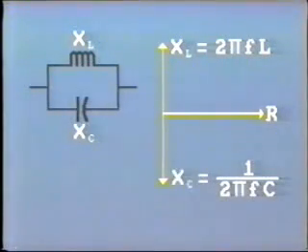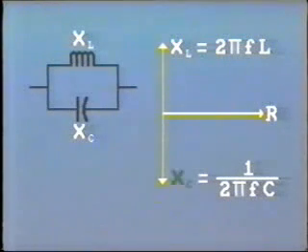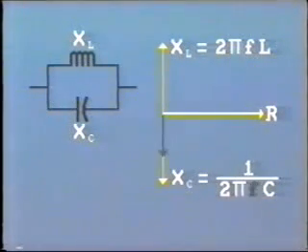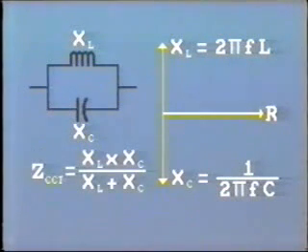In the case of capacitive reactance, this is equal to 1 over 2 pi times frequency times capacitance. In this case, then, as the frequency increases, the capacitive reactance decreases. The actual values of inductance and capacitance are chosen so that their combined reactances provide a very low impedance at 60 hertz.